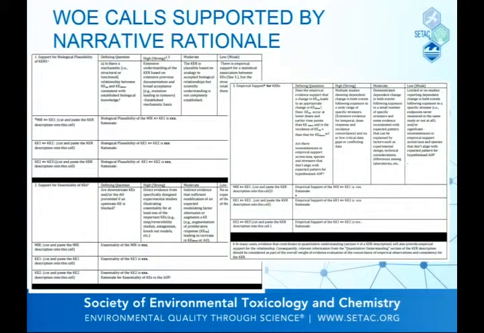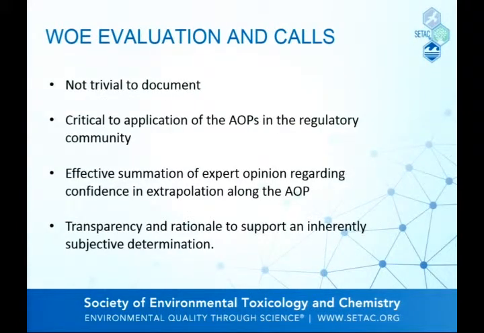All the data that support this are already captured on the key event relationship pages, but you want to give a general impression of why you made the call you did. Because I had good empirical support, but it was just from a couple of different species. We don't have any data right now that says this could apply to these other species. Something like that, just a general description, but again, gives your rationale in a very transparent manner.